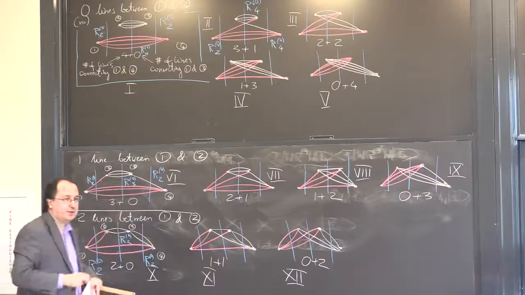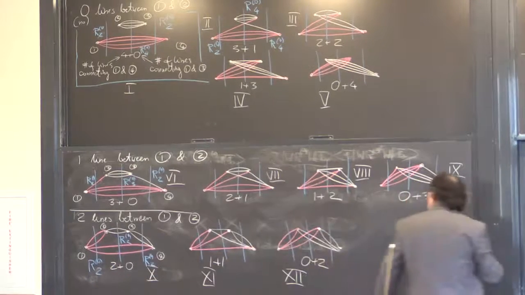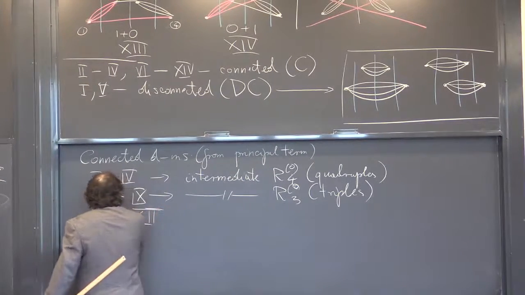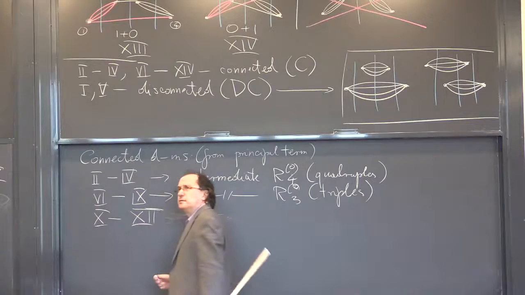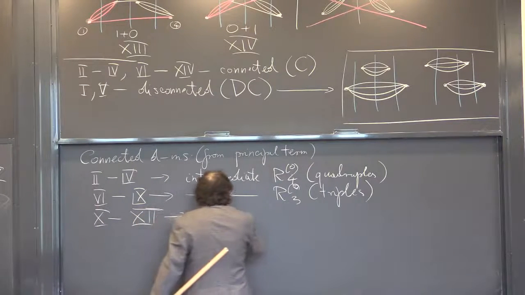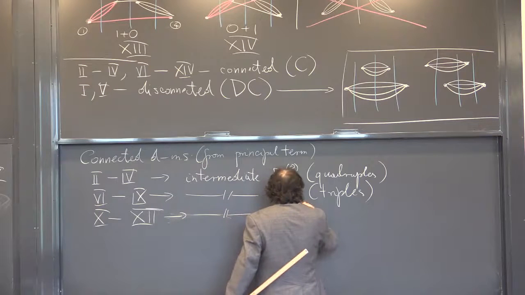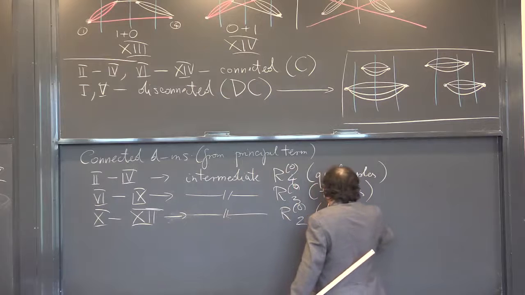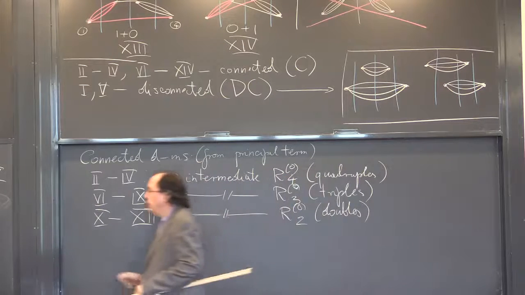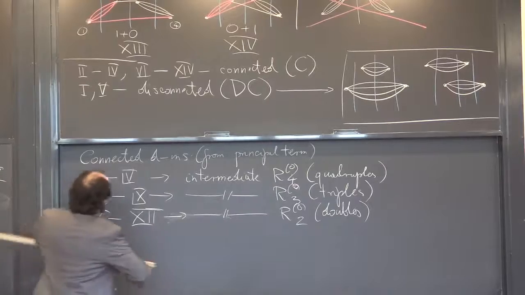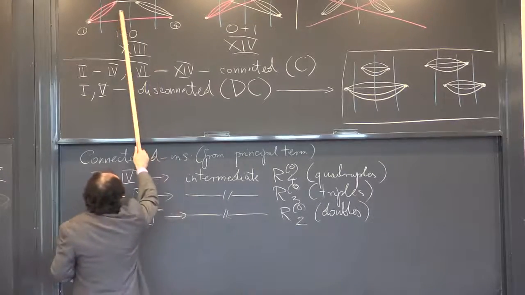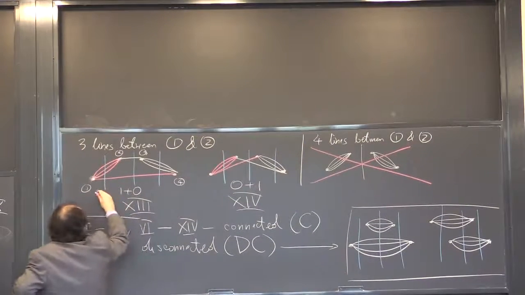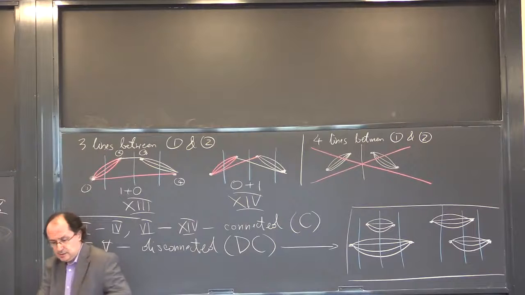So we only have two-body resolvents, and that means diagrams 10 through 12 all have an intermediate two-body resolvent, meaning doubles. And if you continue along the same lines, maybe I'll move it down so we can record this. We have here a two-body resolvent.